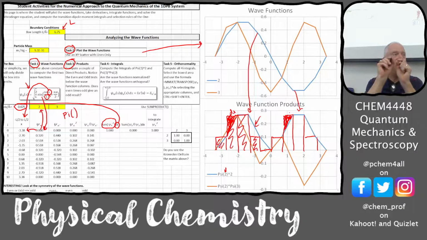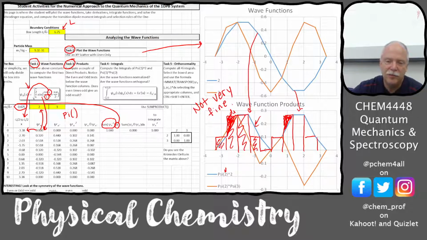If I made a bunch of smaller dx's, if dx was much smaller, I'd have a more accurate integral, okay? And I will say this is not very fine. Fine is the term for that. Not very fine, therefore not accurate. But it's close. And we'll see in a minute, it's about 12% off.